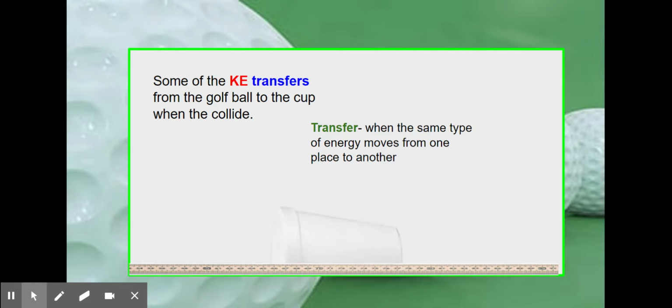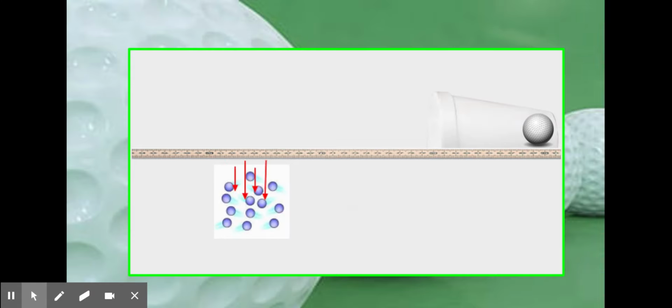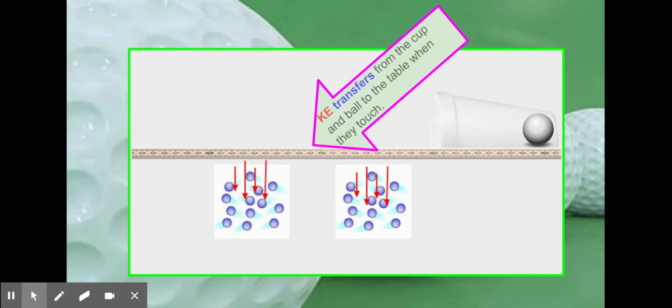The golf ball and the cup are going to move across the table. And as that cup and golf ball are sliding across the table, that kinetic energy that the golf ball and the cup have is actually going to transfer into the particles that make up the table. So the particles of the table now have kinetic energy.